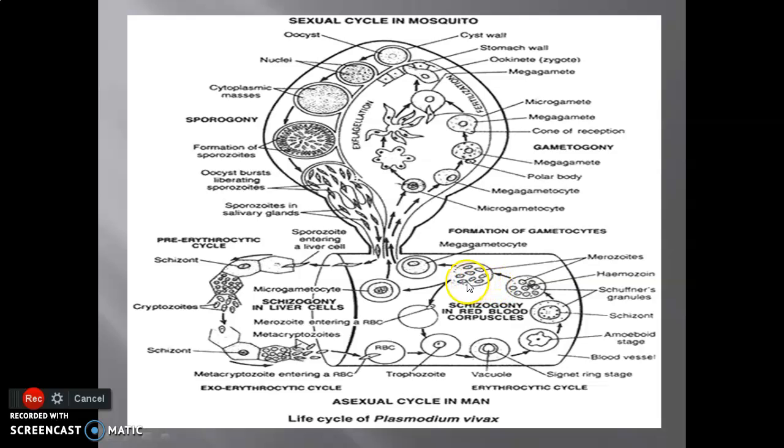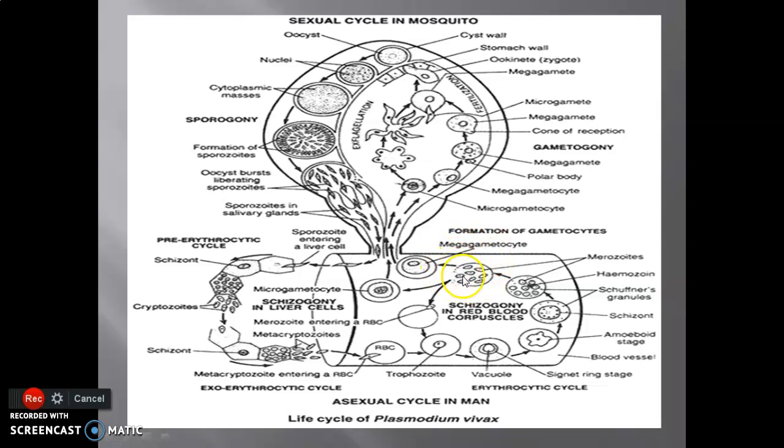are liberated to form a structure, and there are two types of structure. One is a larger one, larger merozoite, and quite smaller merozoite, and these structures are called as gametocytes.